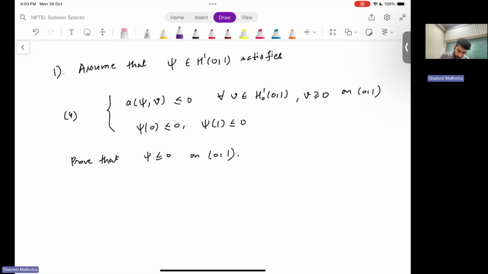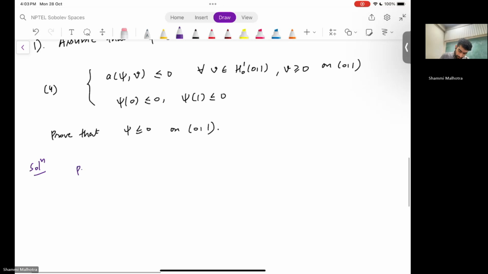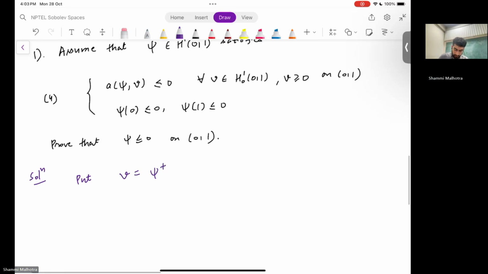So how do we show that? Put v equal to psi plus in (4). We can put v equal to psi plus in (4) because I know that psi is non-positive on the boundary, so then psi plus has to be 0 on the boundary.